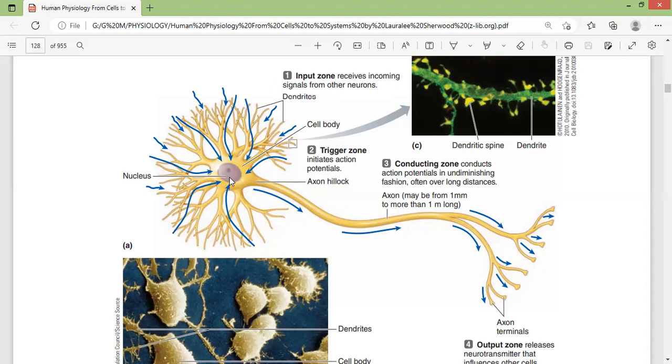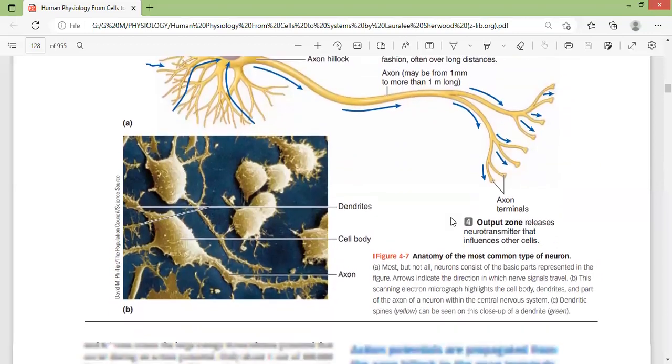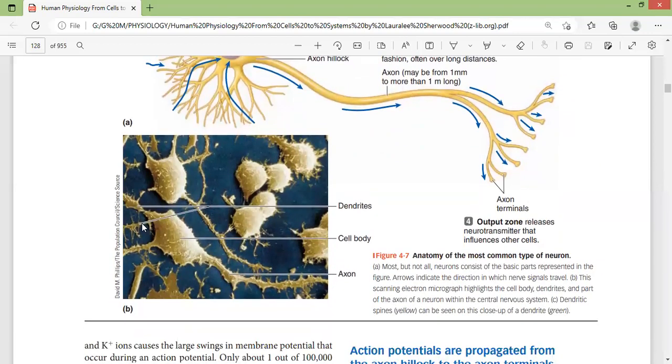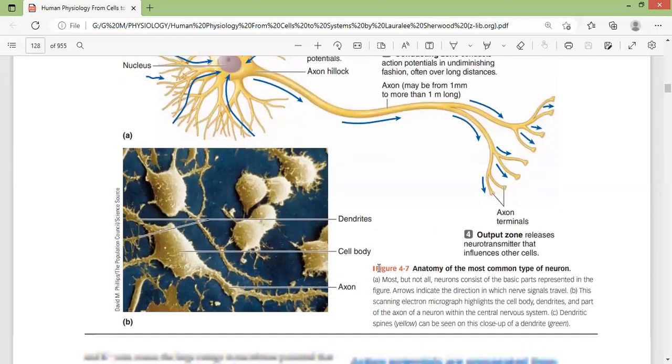Think of the axon as just a tube that relays information from the cell body to the axon terminal. It's a communication tube. You can see an image there. You can see the dendrites, then the cell body, and then the axons, right?